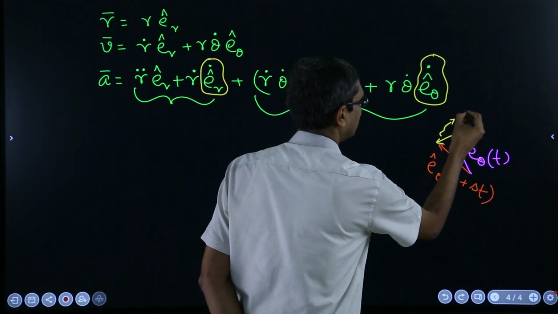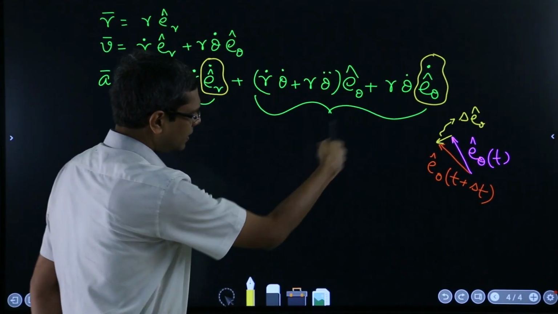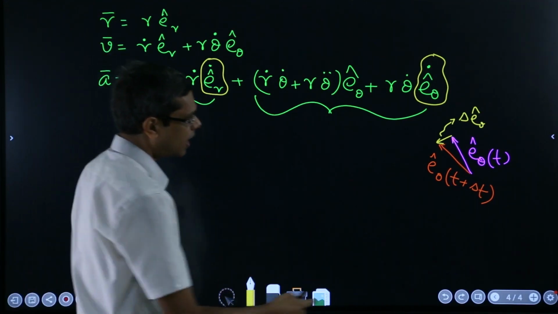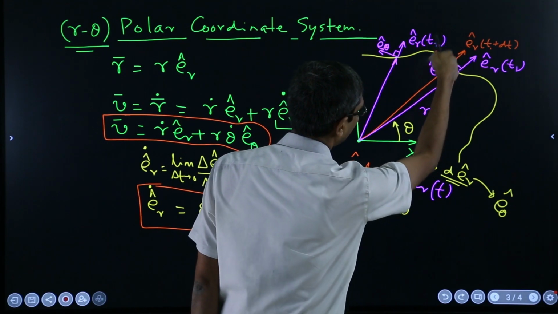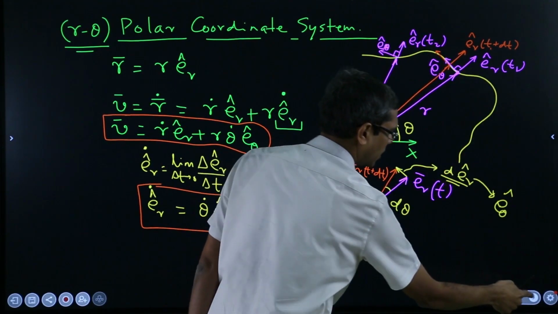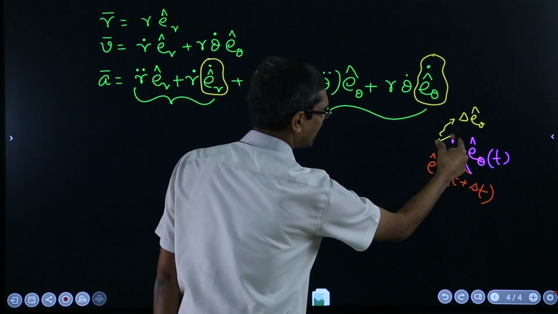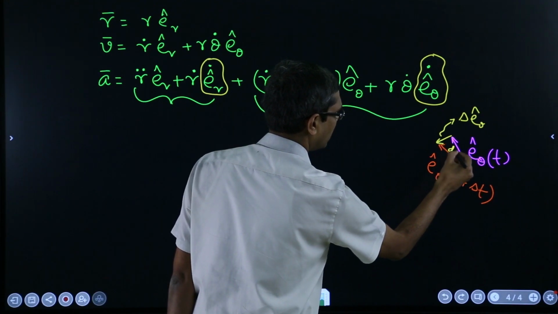So this is delta e theta. Now you see this is in the direction of e_r. If you compare with the diagram here, that difference is actually in the direction of negative e_r. So this length will be nothing but 1 times, again, d theta.